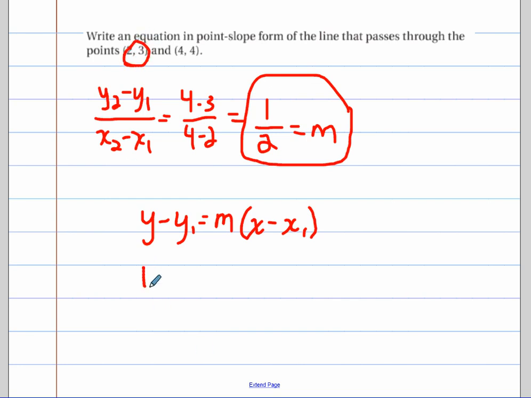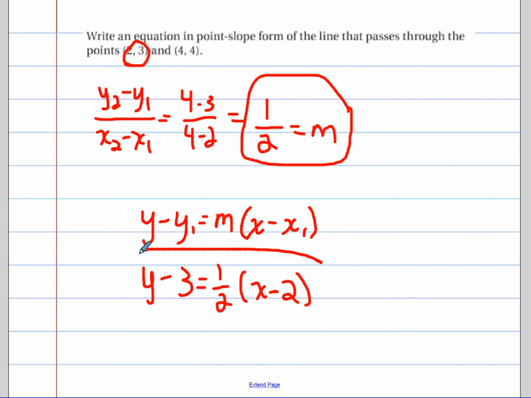So I'm going to do y minus 3, because that's my y value, equals my slope, 1/2 times x minus 2, which is my x value. All right, and that's the equation of my line in point slope form.